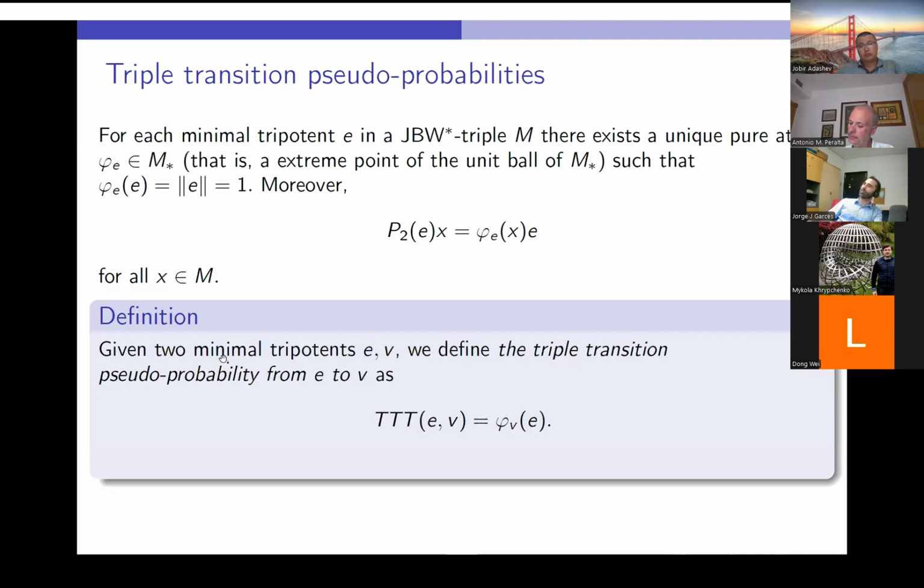So given two minimal tripotents, the triple transition pseudo-probability from a to b is given by this equality, right? So now, if we recall that generalization of Wigner's theorem by Molnár, what he was studying was preservers of triple transition probabilities, actually, okay, because in B(H) they take this form here.